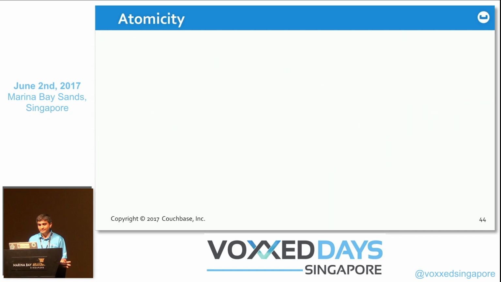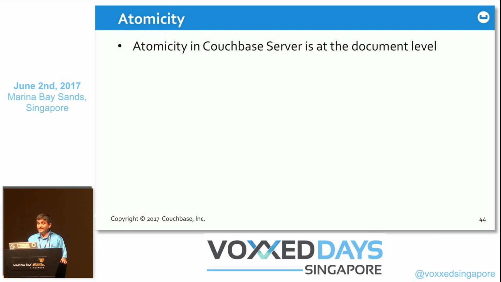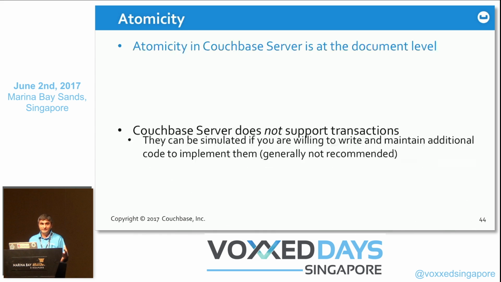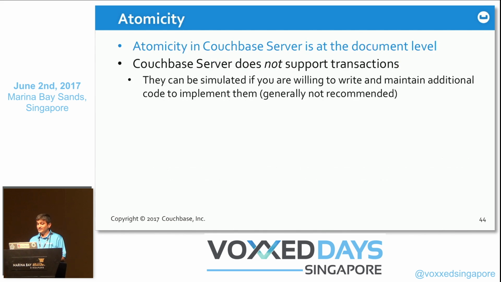That's not possible. The choice of atomicity: Couchbase is atomic at the document level. So if you want something transactional and you want to be completely atomic, you have to make sure all the changes are within the same document. But that's not possible many times, is it? Couchbase Server does not support transactions.